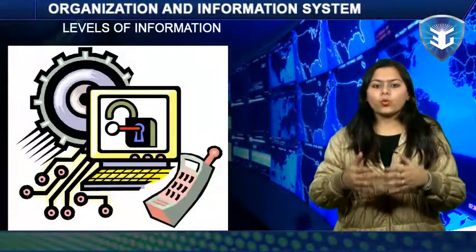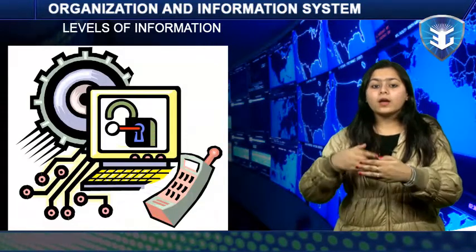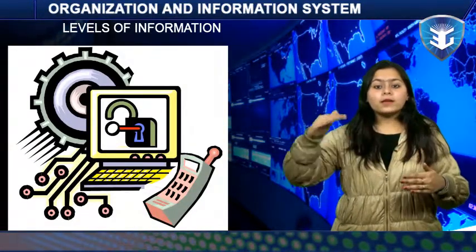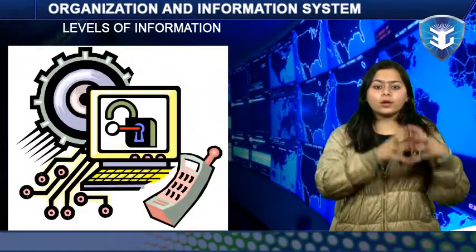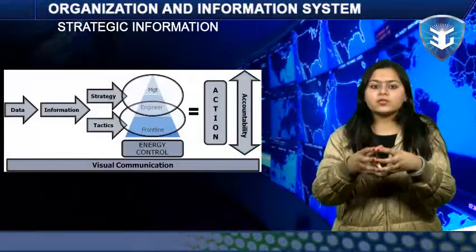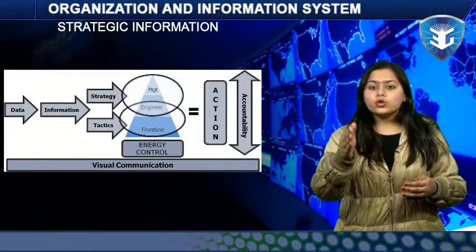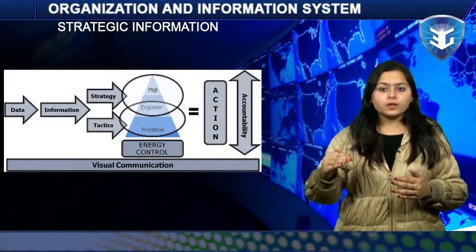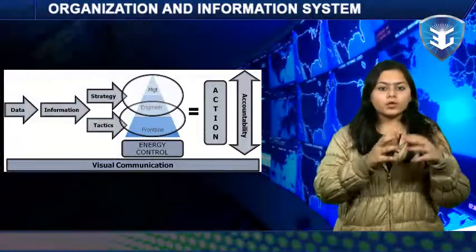Levels of information within an organization. Planning, control and decision making are carried out at various levels within the structure of the organization. Strategic information. Strategic information is used at a very top level of management within the organization. Tactical information.